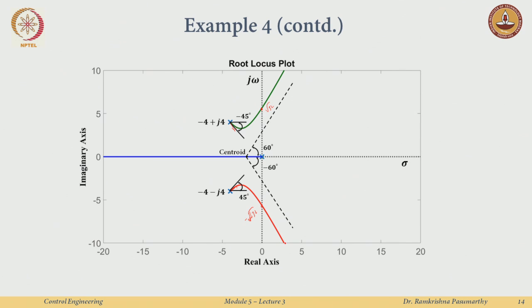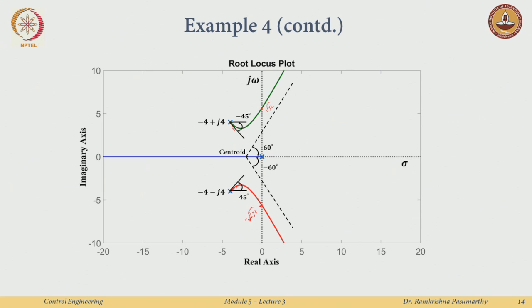So, we saw a few possibilities here, right, that there are no breakaway points even though dK/ds gives me a solution. Second is to explicitly compute the angle of departure, right, and also to see exactly where the root locus meets my imaginary axis, and this is where the Routh table was very useful for me, right.